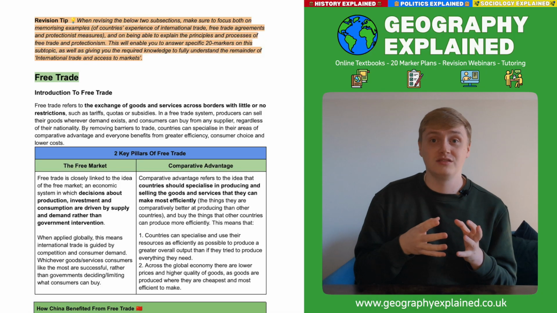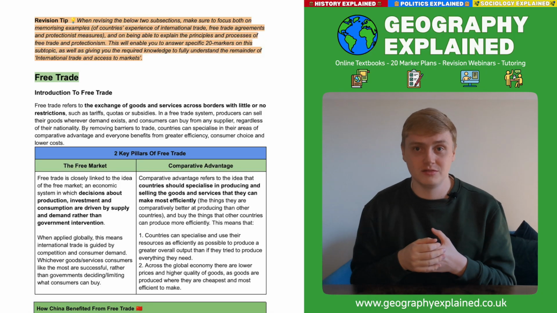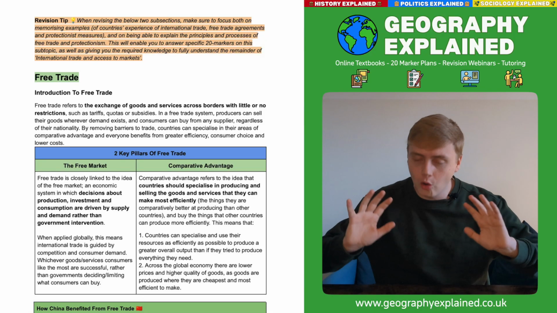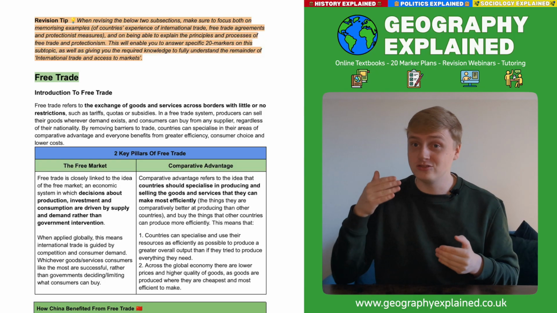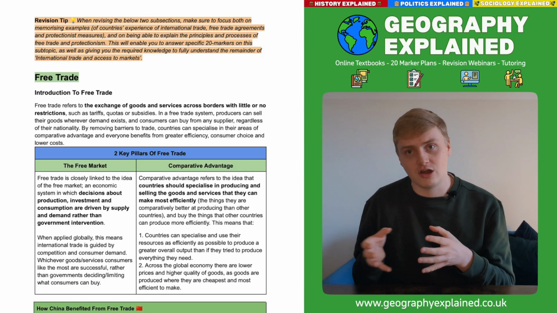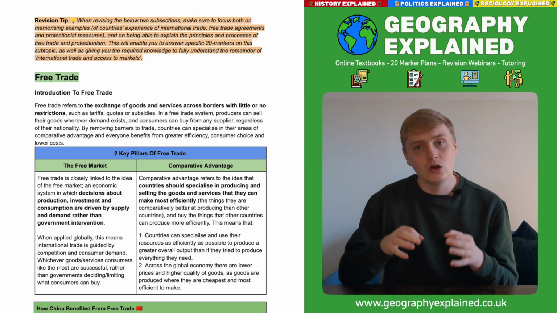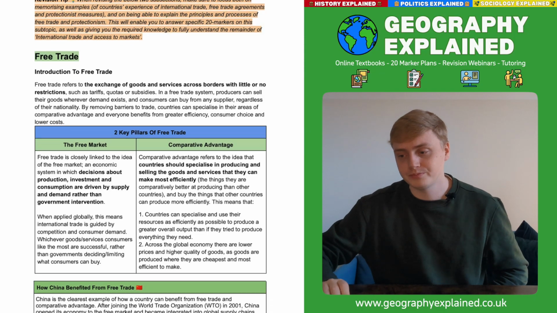And the contrast of this is largely governments telling and deciding what to produce in demand. And the idea of the free market is that it's not government intervention. It's that production and sale of goods happens based on what's wanted and what's needed, rather than the government directing that. And therefore, the free market within economies is really key to free trade overall.